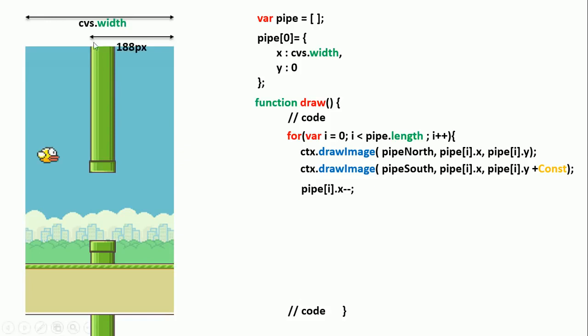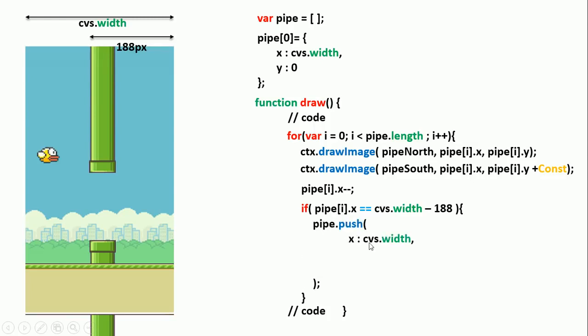So what I want to say here is when our pipe reaches this position, we have to add new coordinates to our pipe array. So we will say if pipe[i].x equals canvas.width minus 188, it means when our pipe reaches this place, we have to push new coordinates to our pipe.